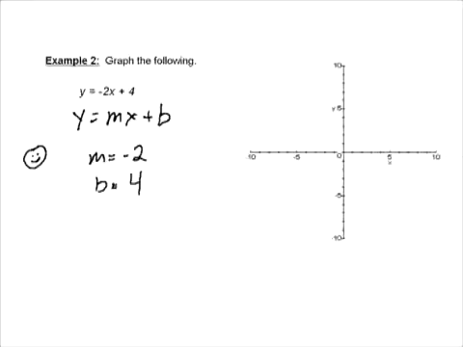We go to the y-intercept, and remember the y-intercept is where it crosses the y-axis, and we have a slope of -2, which means we go down 2 and to the right 1, down 2 and to the right 1, and we have a line. So we draw in our line. I'm trying to be as straight as I can here. I don't have the luxury of a ruler like you would, but there's our line. So that's just graphing a line, and that should be basic review from grade 10.